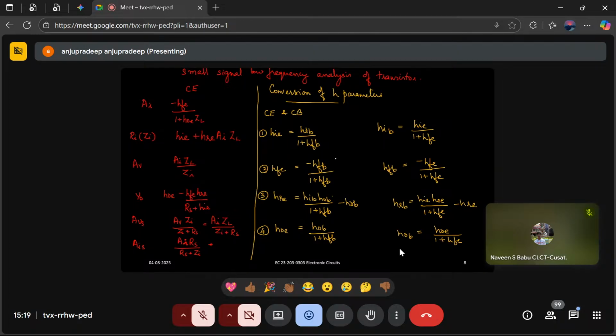See, this equation you have seen earlier also. Beta is equal to alpha divided by 1 minus alpha.